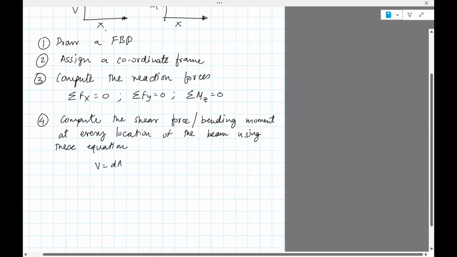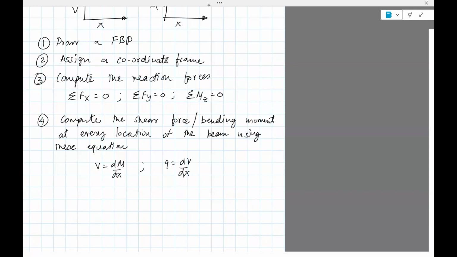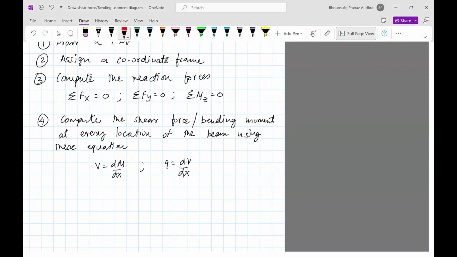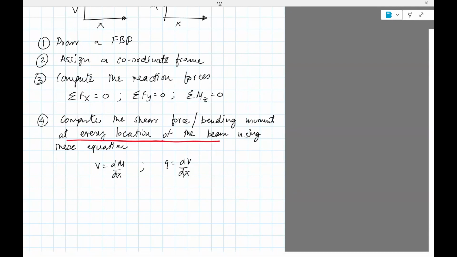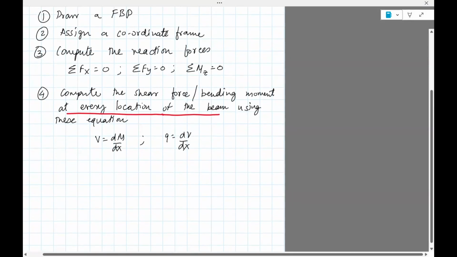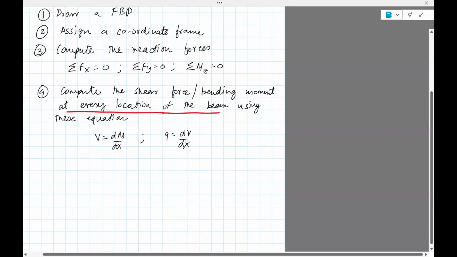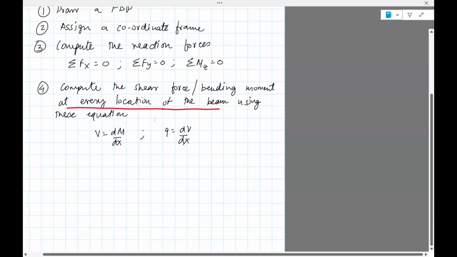V equals dM/dx, I wrote them down earlier, and q equals dV/dx. So what makes it probably a little harder is that we need to do it at every location of the beam. There are some shortcuts which we'll see, but in general, you need to do it at every location.